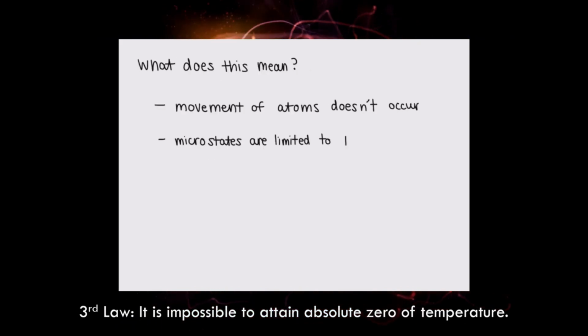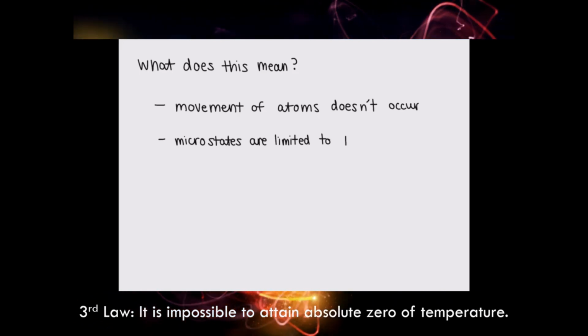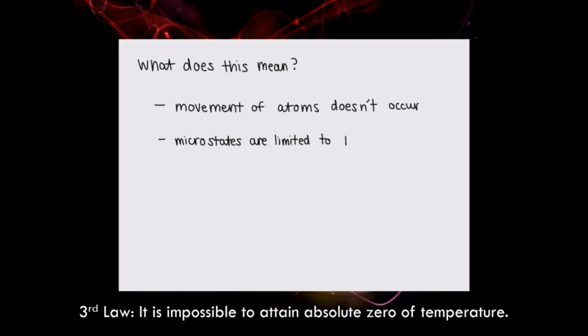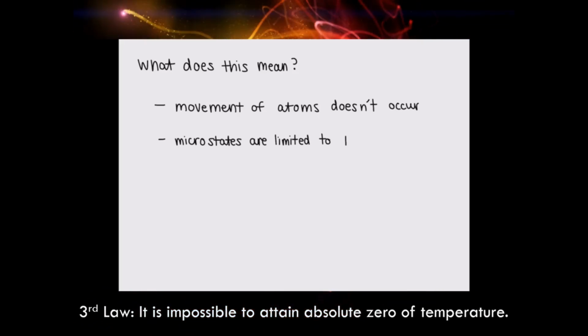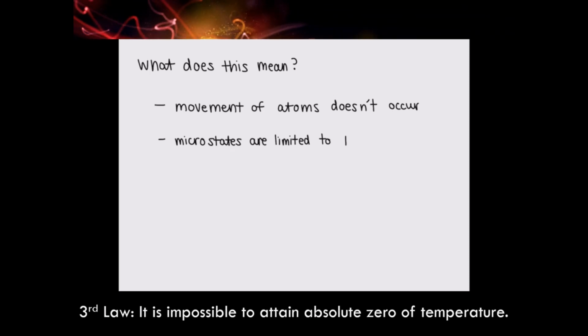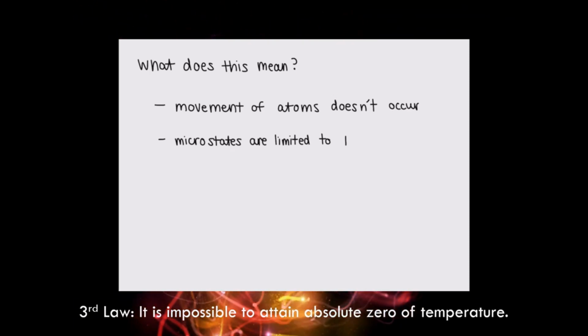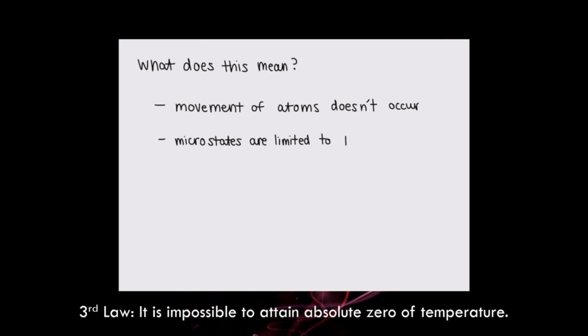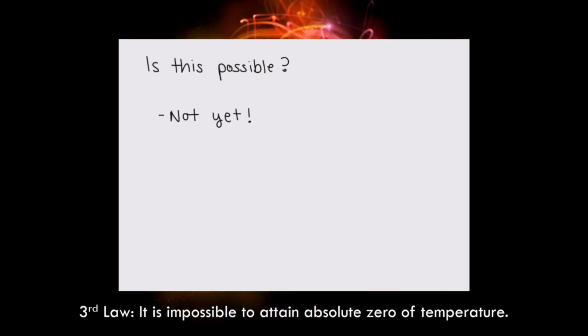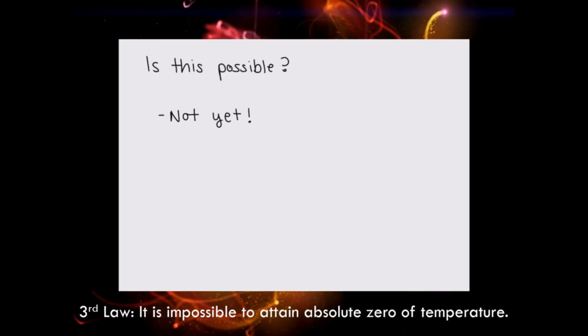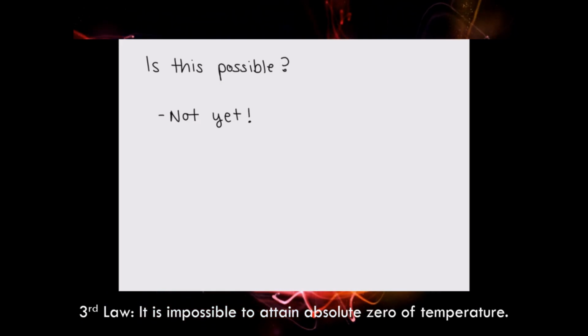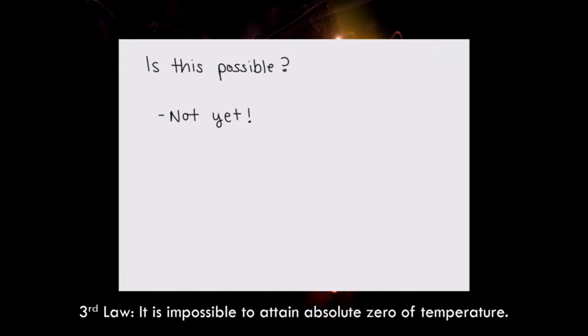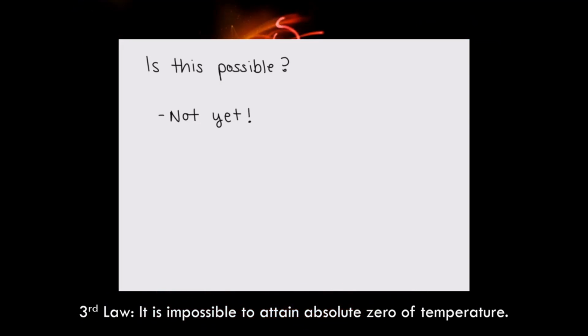So what does this mean? At 0 Kelvin, the atoms are not moving at all. In this case, there is only one microstate or orientation that this perfect crystal is allowed to have. At 0 Kelvin, there's no energy being input to change the microstate. Though this law holds true at extremely low temperatures, we are unable to reach 0 Kelvin.